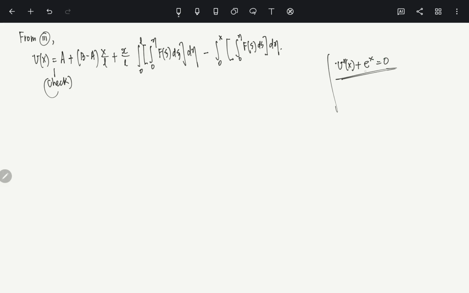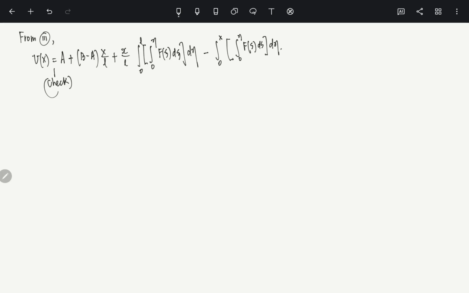You do realize that you can solve this problem, it is not very difficult. Or if capital F of x is sine, then u double prime plus sine equals 0. You can solve those problems too. It is not very difficult to do, but since I'm writing it in a general form, this formula is a little complicated.